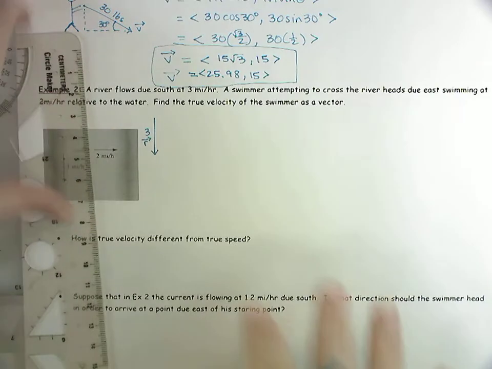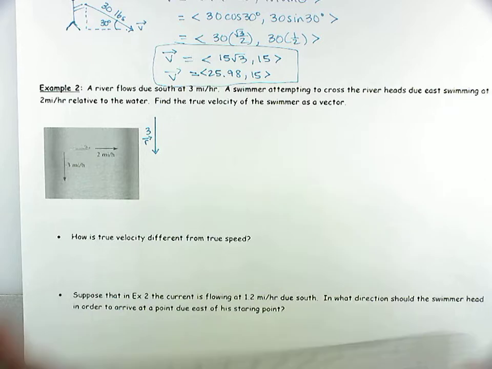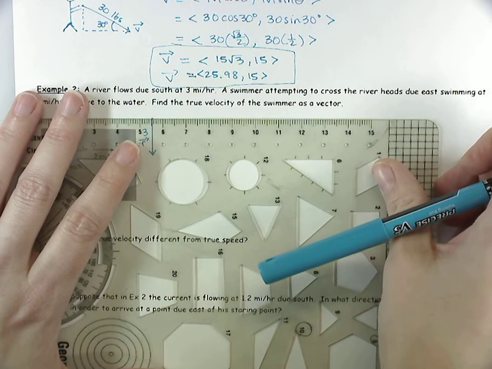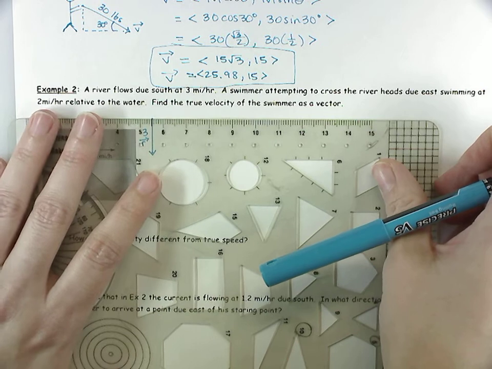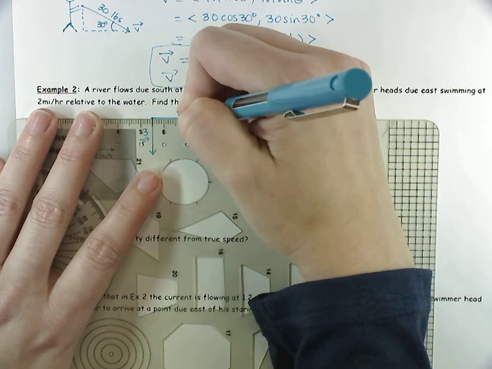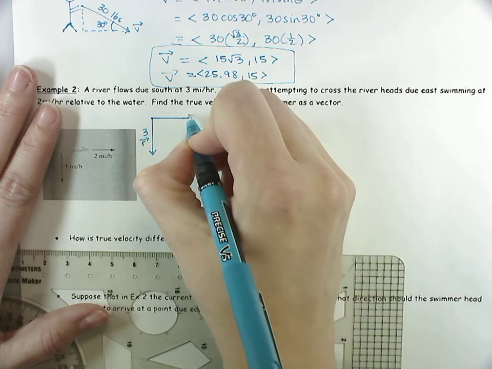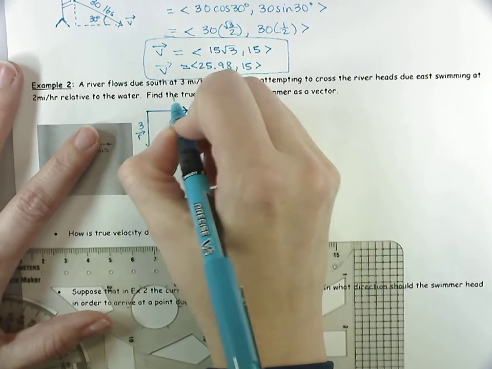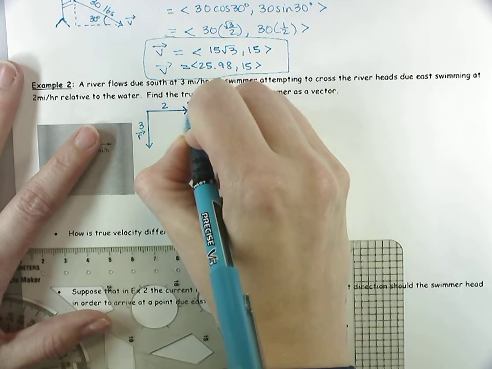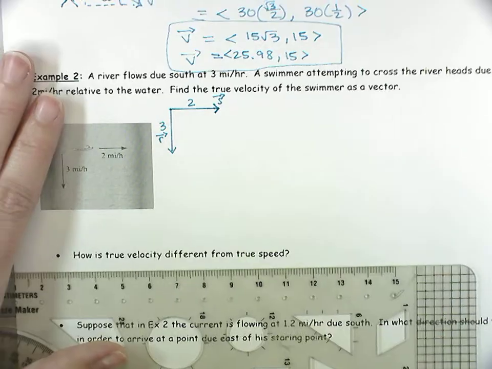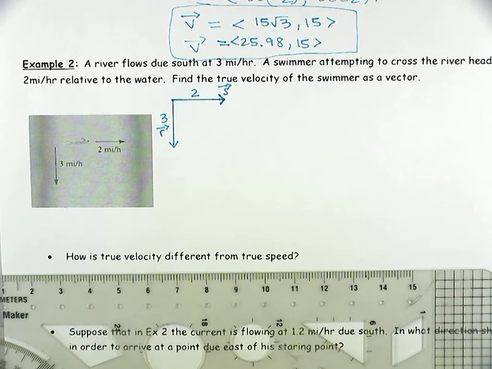And then the swimmer heads east, swimming at 2 miles an hour relative to the water. So when it says relative to the water, that's the same thing as like the plane in still air. So this is how he's swimming. Without force. Yeah, exactly, without the river force being acted upon him. So this is 2, and then I'm going to label this as S. Now we're going to talk for a minute about resultant vectors, which is something that we covered on the first day.